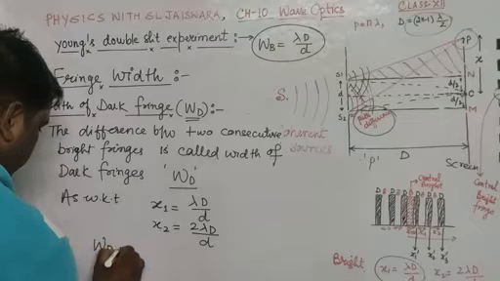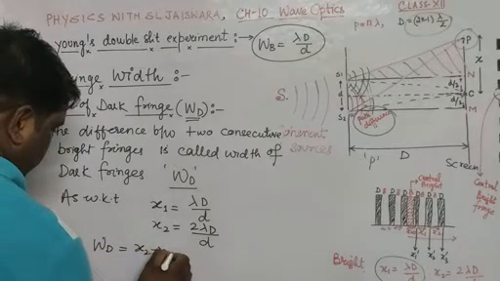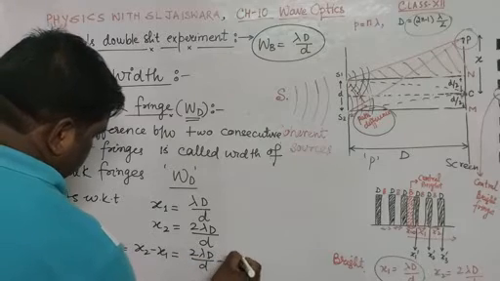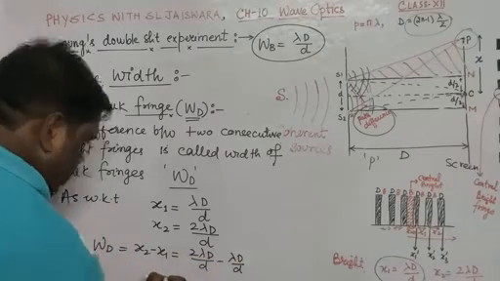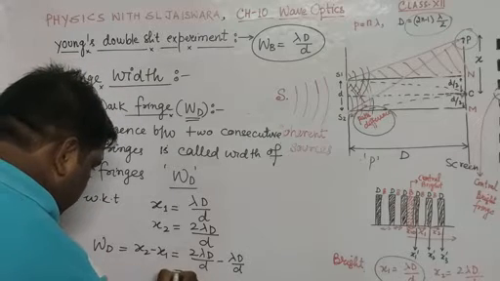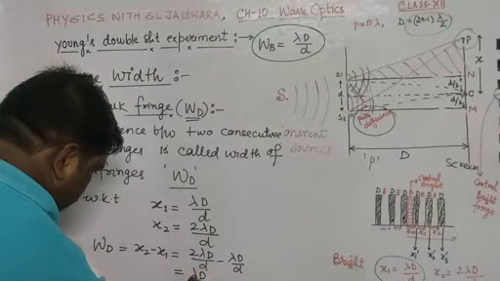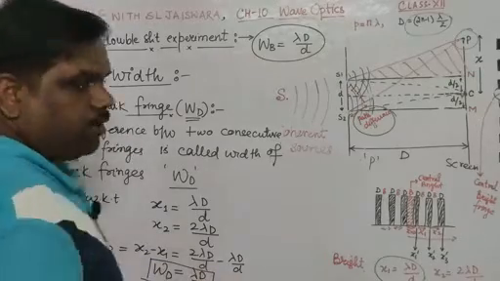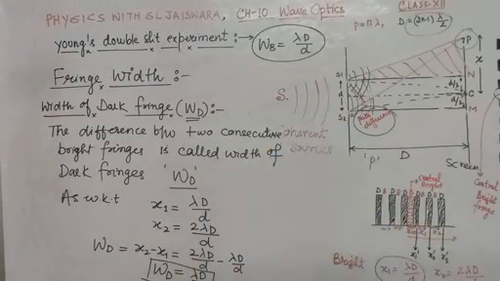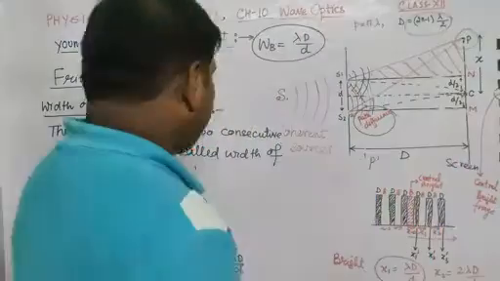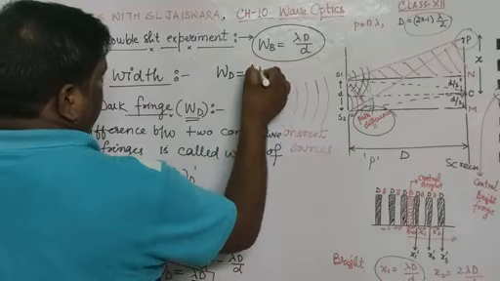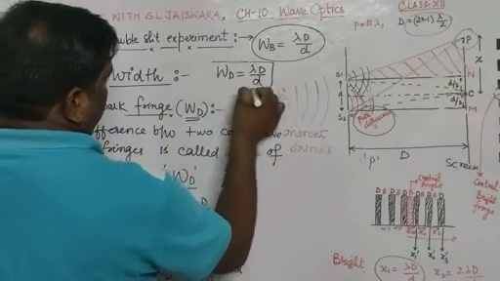WD equals x2 minus x1, which is 2 lambda D upon d minus lambda D upon d. Finally, we get lambda D upon d. This is WD, so WD is again lambda D upon d.